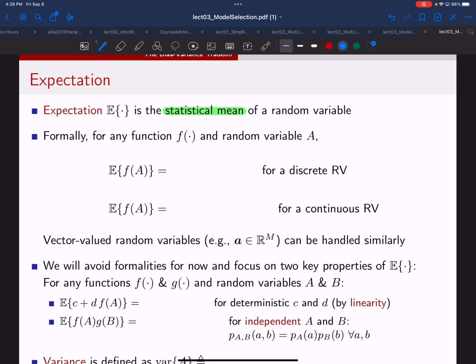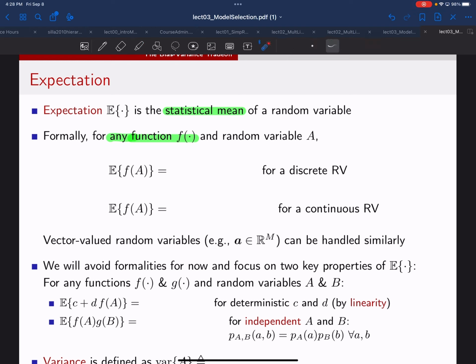Okay, so how do we define it? The definitions here I'm going to write using functions, any function. It just helps to flesh it out a little bit. So if you have a random variable and any function, that function could be, for example, squaring it or taking the cosine or anything, whatever you want.